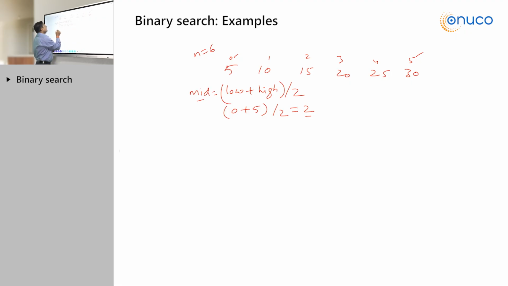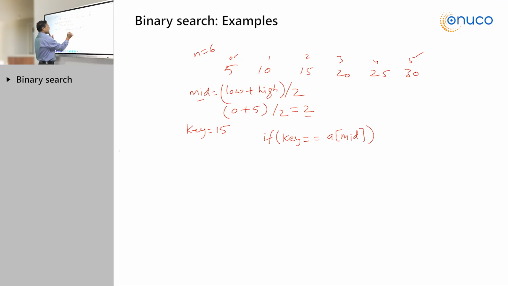Based on this we are going to search for the key element. Say, as for example, the key element is 15. In that case, what will happen? We are going to check whether 15 is present in the given list of elements or not. How are we going to check it? We check if key is equal to A of mid.